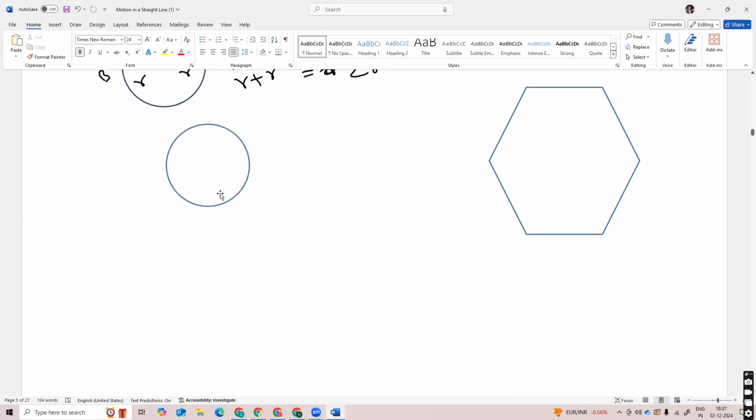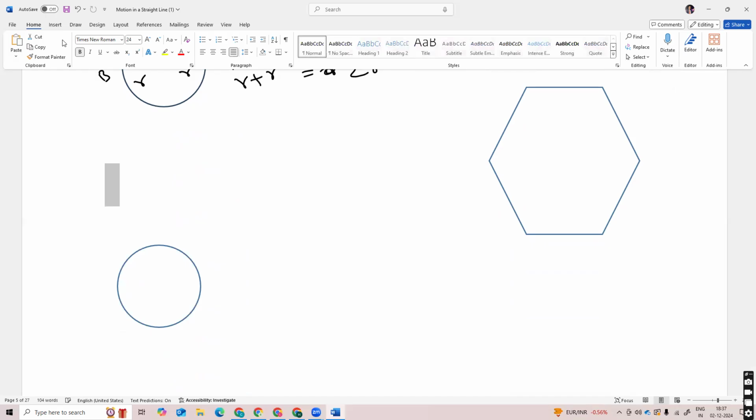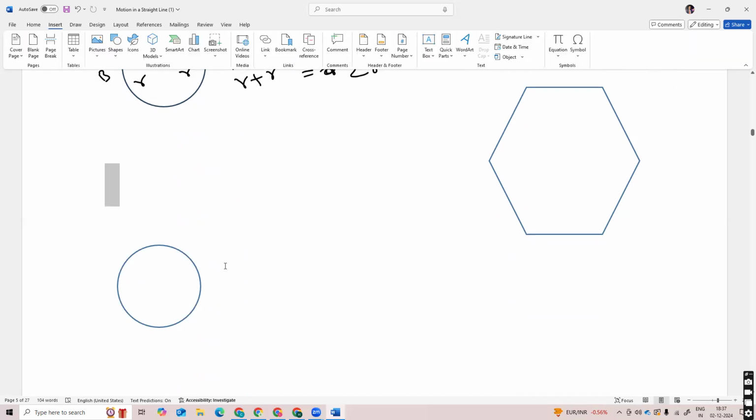Let's take one more case using circles. I'm taking more examples with circles because in the exam they ask mainly about circles. So in this case, let's say this person starts traveling from point A and reaches back to point A, traveling anti-clockwise. As you know, displacement is basically the shortest distance between initial position and final position.